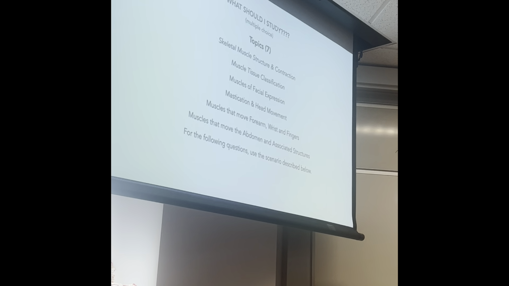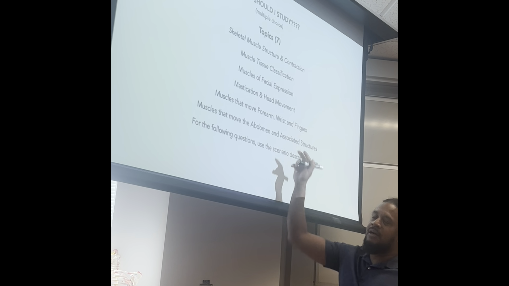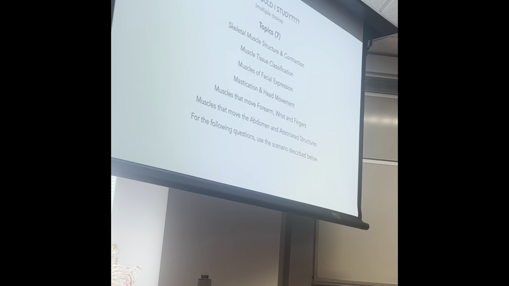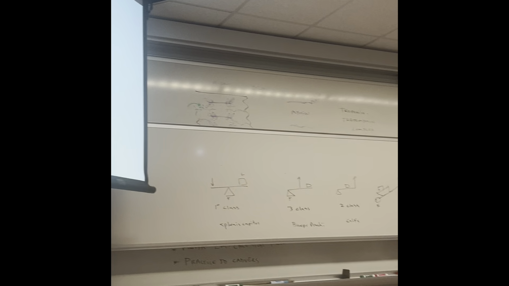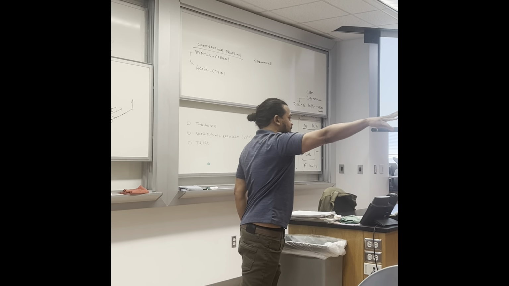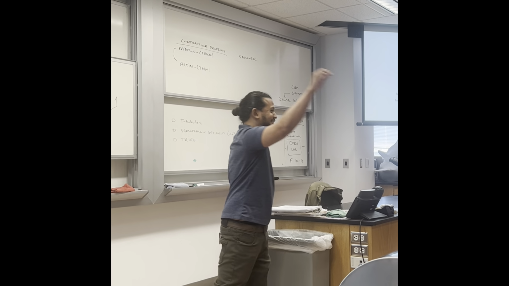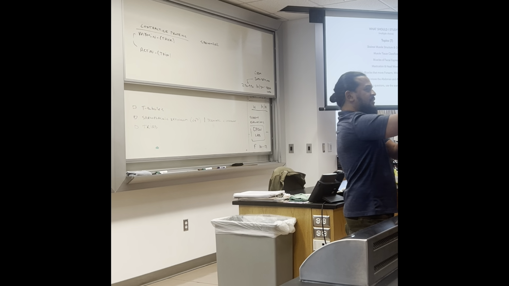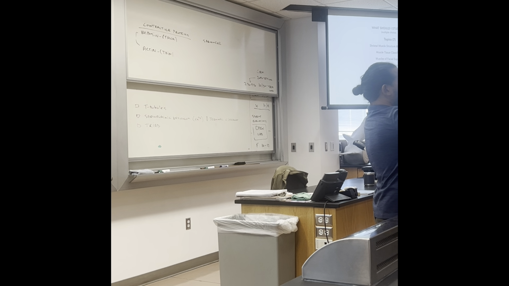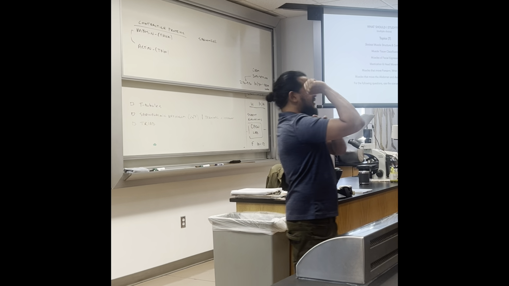You might get some scenario questions from muscles that move the arm. Okay, I'll give you some examples. If I'm throwing a ball like this, if I'm throwing like this action here in the lower arm, is that extension or flexion? Extension. So what muscles up here are extending the arm?